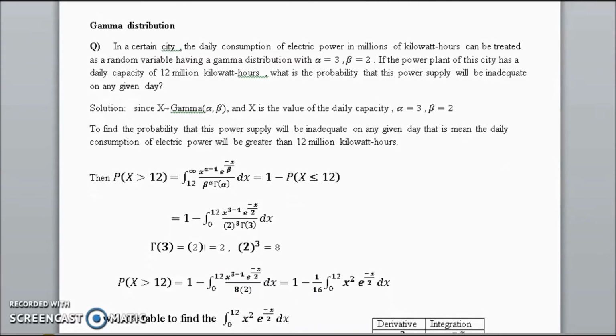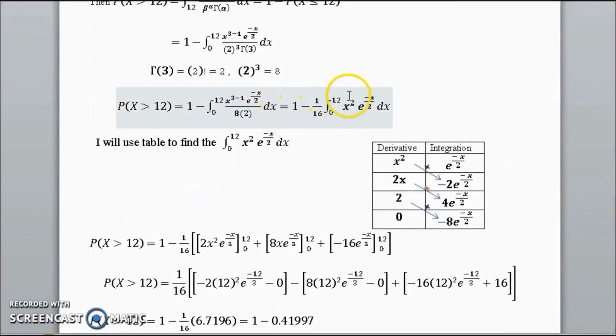Then I will find the value of this integration. For this integration, I will use the table method. You can use another method, like integration by parts, u dv, but I take the table method.